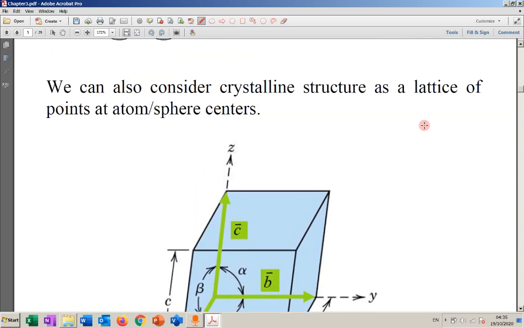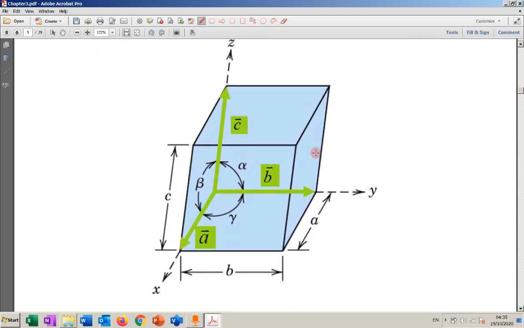Now there is another term that we will hear: lattice. It basically represents the arrangement of the system in which those atoms arrange themselves in 3D.